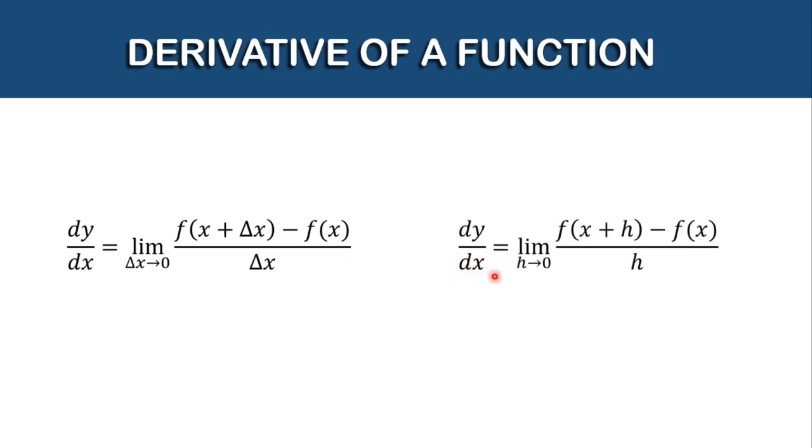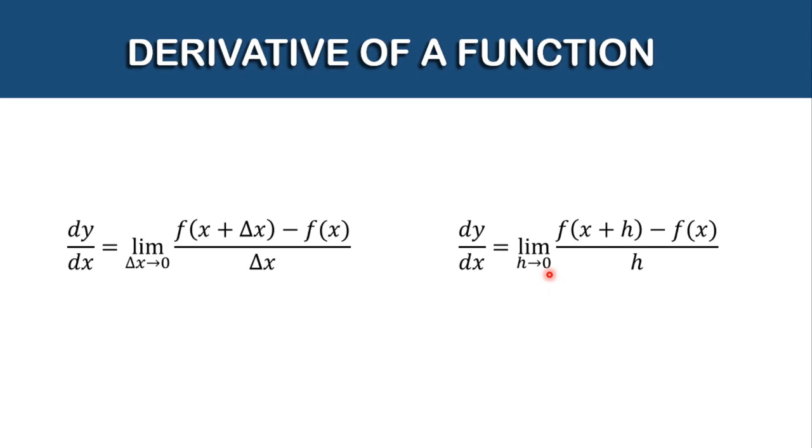Dy over dx is equal to the limit of f of x plus h minus f of x all over h as h approaches 0. So technically, kahit alin naman dito sa dalawang formula nito ang gamitin natin in finding the derivative of a function, iisa lang naman yung sagot na makukuha natin. And in this video, gagamitin natin itong formula na nasa kanan, yung h approaches 0.